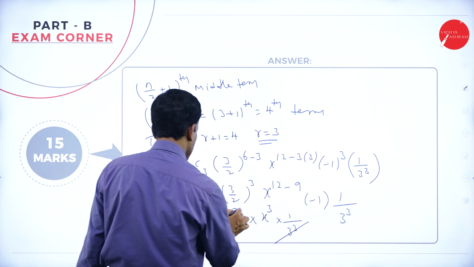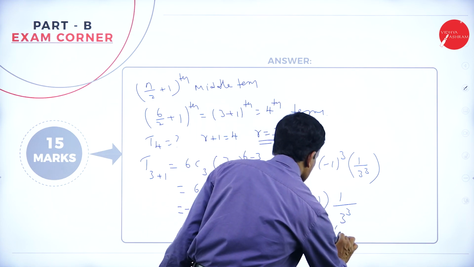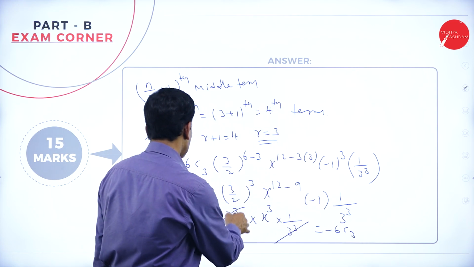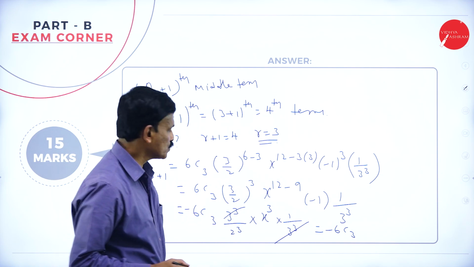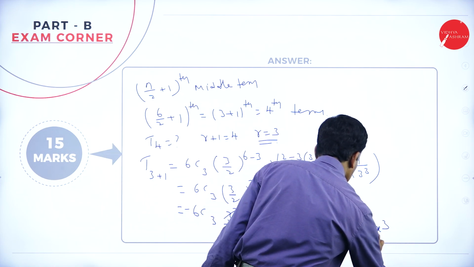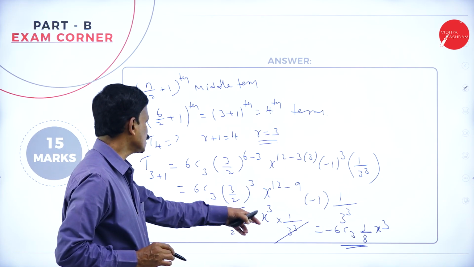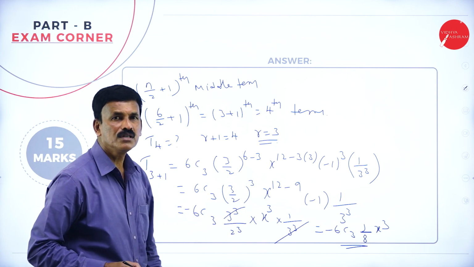So this 3 cube and 3 cube get cancelled. So, the answer we are going to get is minus 6C3 into 1 by 2 cube, 2 cube is 8, so 1 over 8 times x cube. Minus 6C3 into 1 by 8 x cube is the required answer.